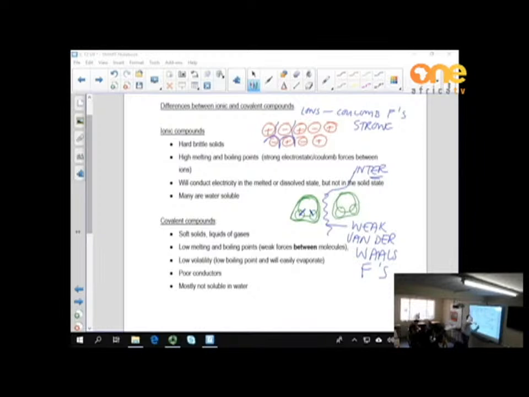But within the molecule, those forces there, let's do them in a different color, that is an intramolecular force. It's a force inside the molecule, and that happens to be a covalent bond, which is strong. Covalent bonds are strong like any other chemical bond is strong.